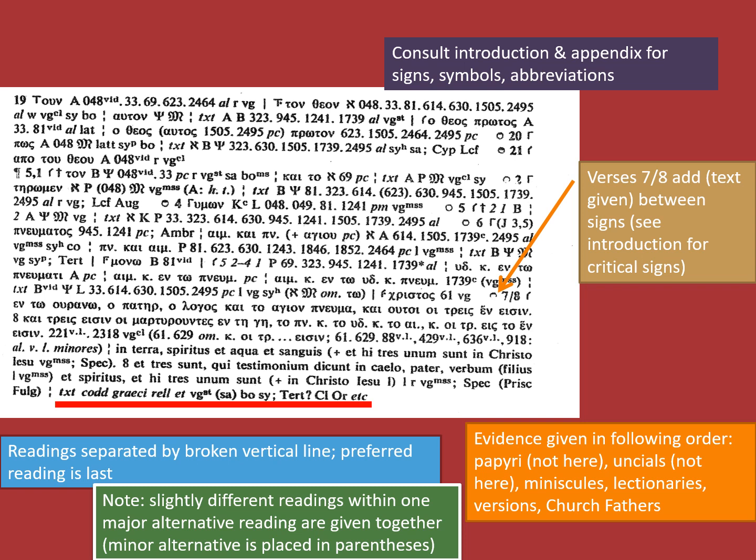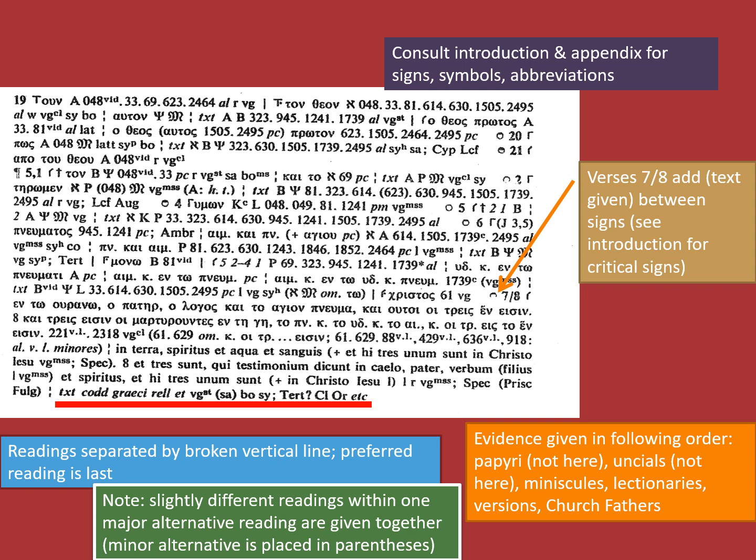Note. After you have that symbol, then at the very far right of that line that says add the following, you have the Greek, en to urano ho pater ho logos kai to hagion pneuma kai hutoi hoi tres hen esin.